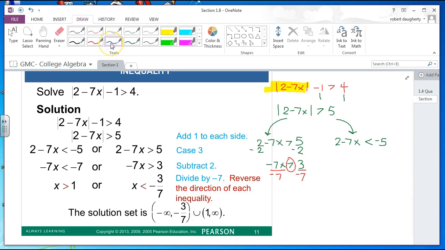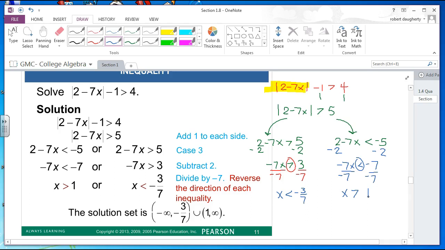So this becomes x less than -3/7. And then over here, if I subtract 2 from both sides, I get -7x less than -7. When I divide by -7, it's going to change that inequality. X is, instead of less than, going to be greater than 1.